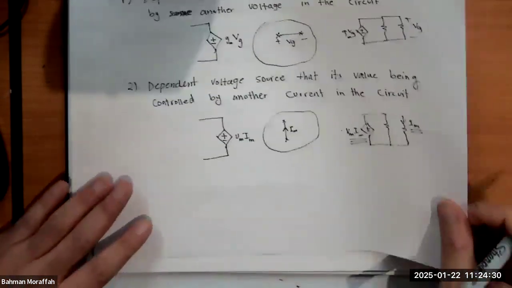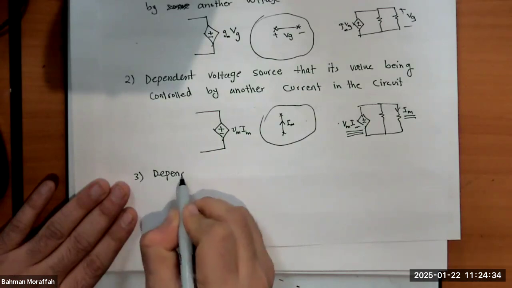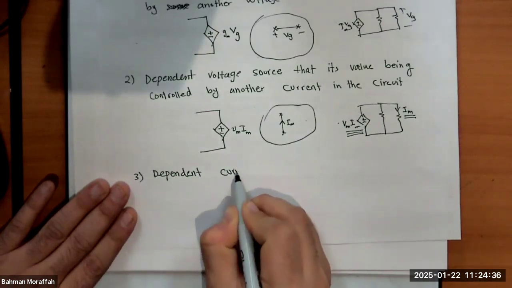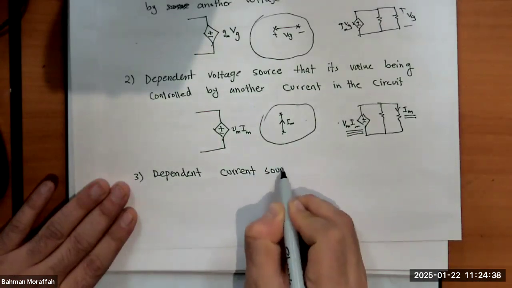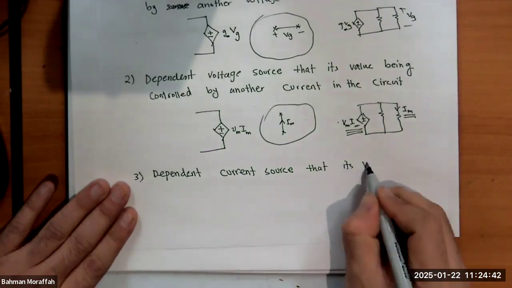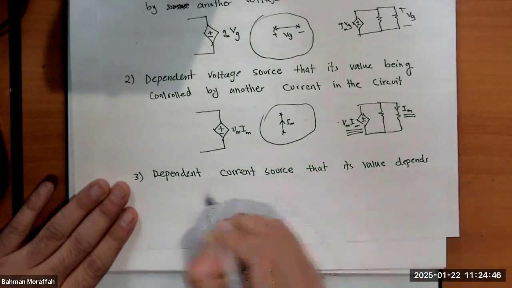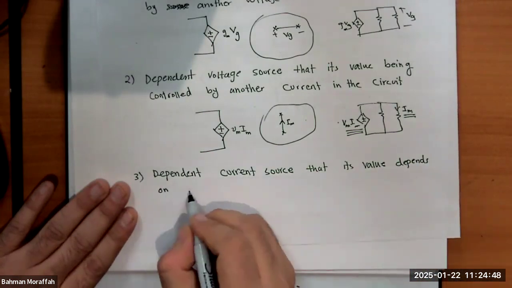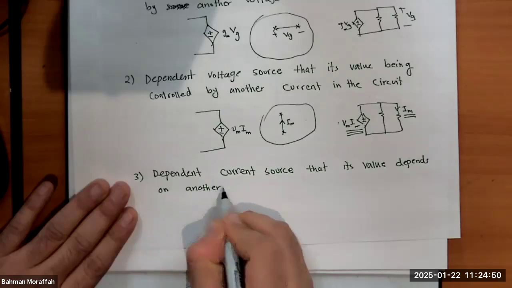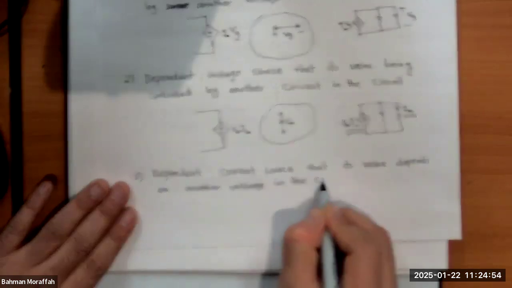The third type is the dependent current source whose value depends on another voltage in the circuit.